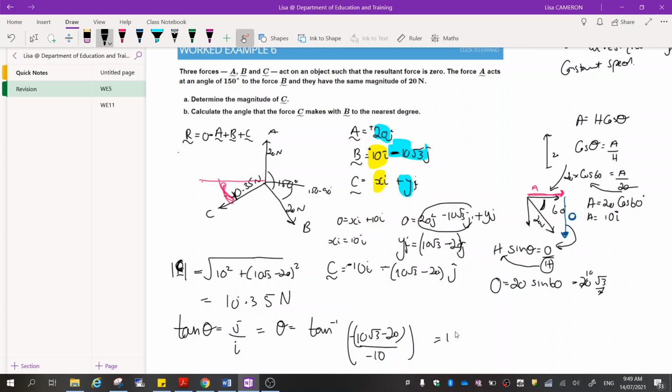And that's giving me 15 degrees, or it's giving me negative 15 degrees, depending on what you've done.